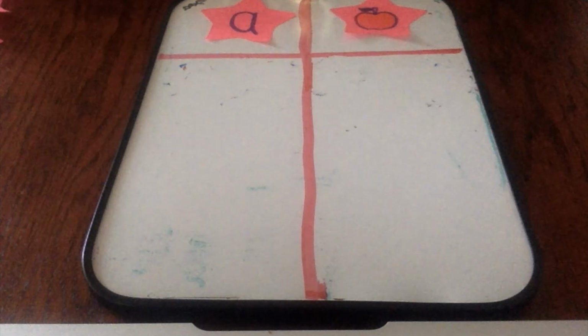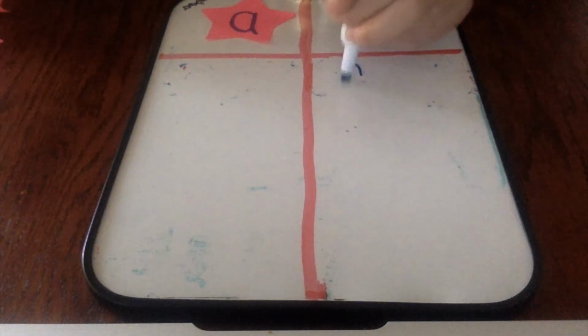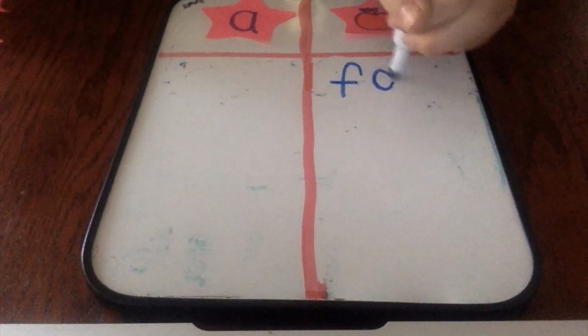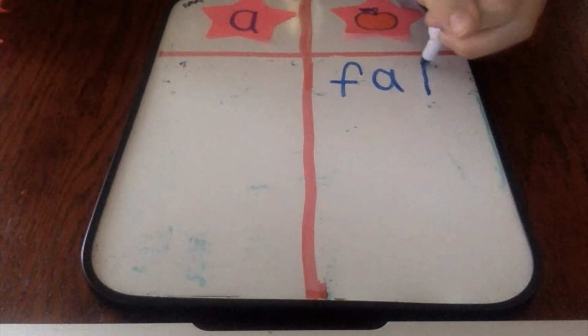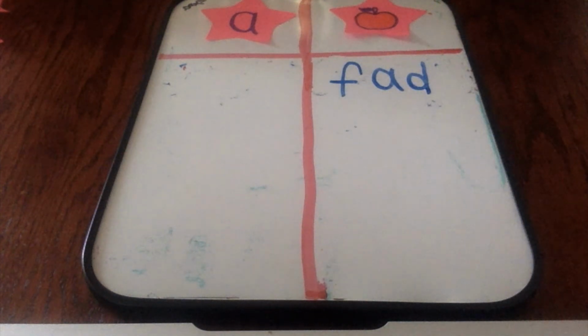Fad. Good job. So we hear that short A sound like in our keyword apple. So we know the word fad will go on this side. How about the word fade? Fade. Good job.